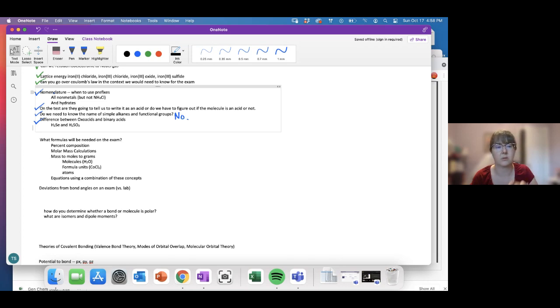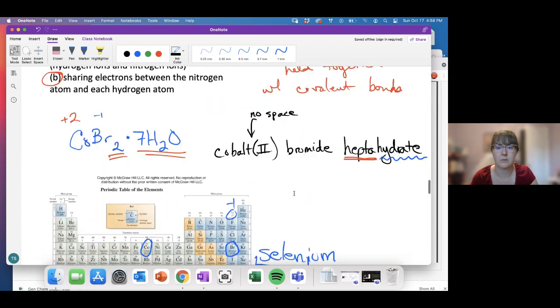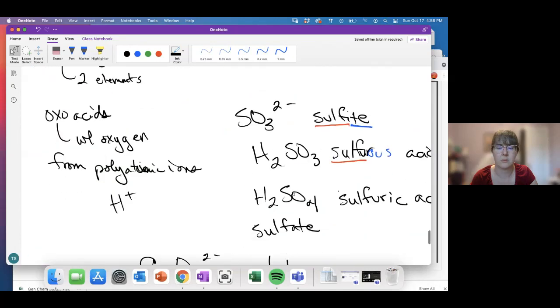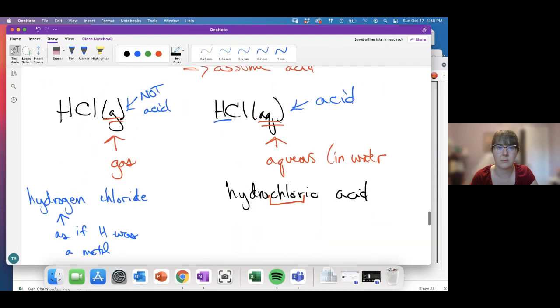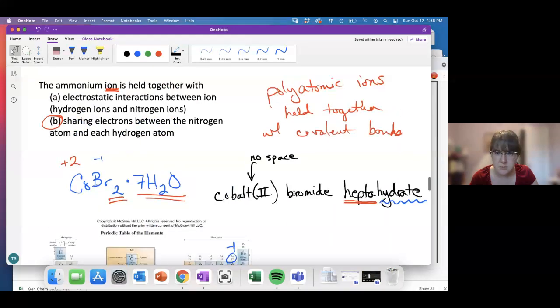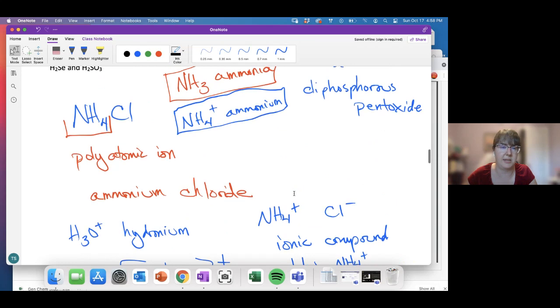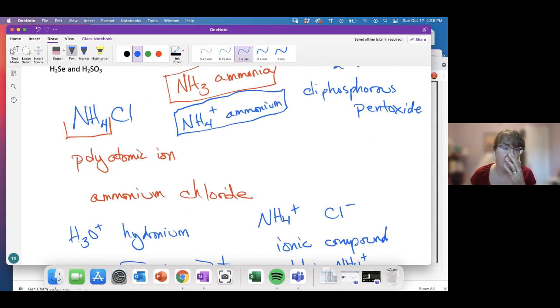Yes, we have a few questions about nomenclature. Someone asked, when you were going over the ammonium chloride example, could they also say ammonium monochloride? Would that be a correct name? So the question is about how to name this. Because ammonium chloride is an ionic compound, it is held together with electrostatic attractions.